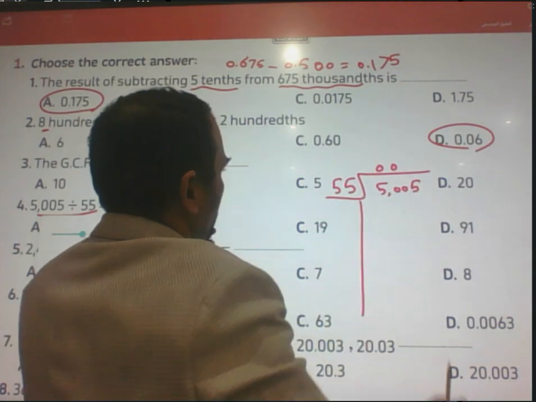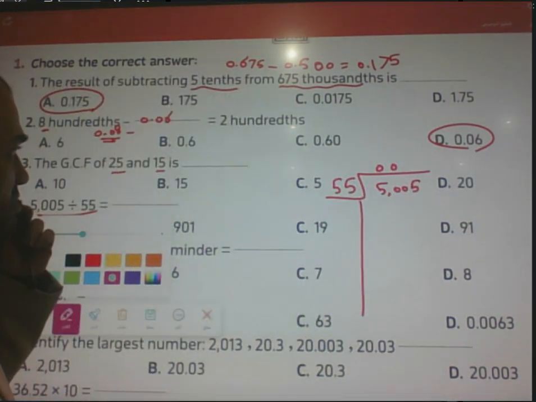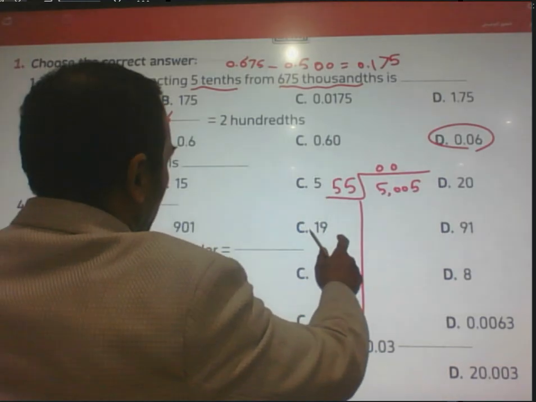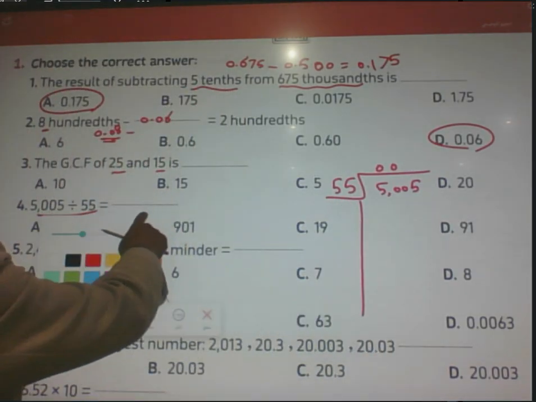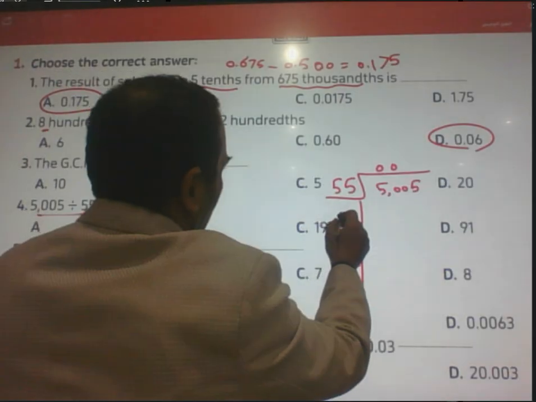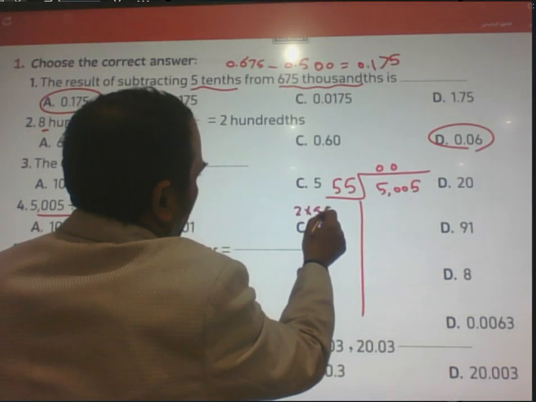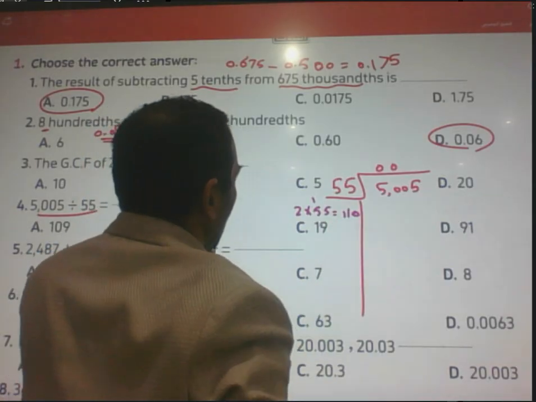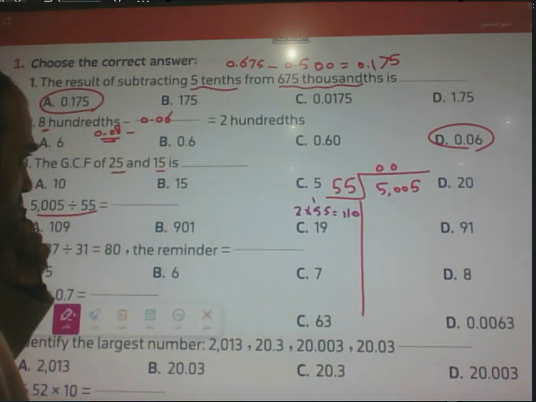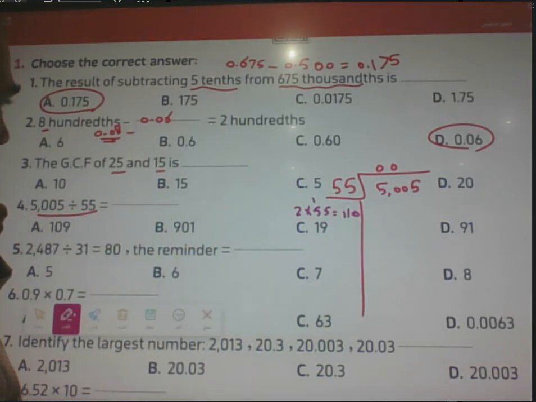We can choose the nearest number, 2 times 55, or 9 times 55. 2 times 5 equals 10, 0 and carry 1. 2 times 5, 10 plus 1 equals 11. Then we have here 110.